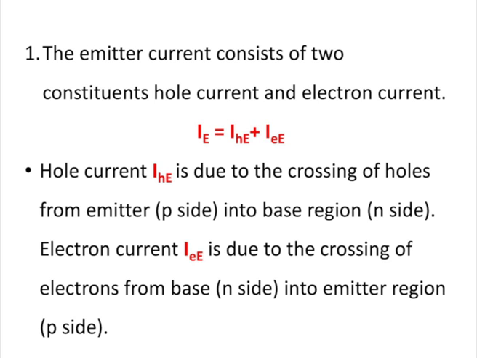H represents holes, which are in the P region, whereas small e, capital E represents electrons, capital E represents emitter. This acts as the minority charge carriers. So total IHE is the majority charge carriers, I of small e, capital E is the minority charge carriers.